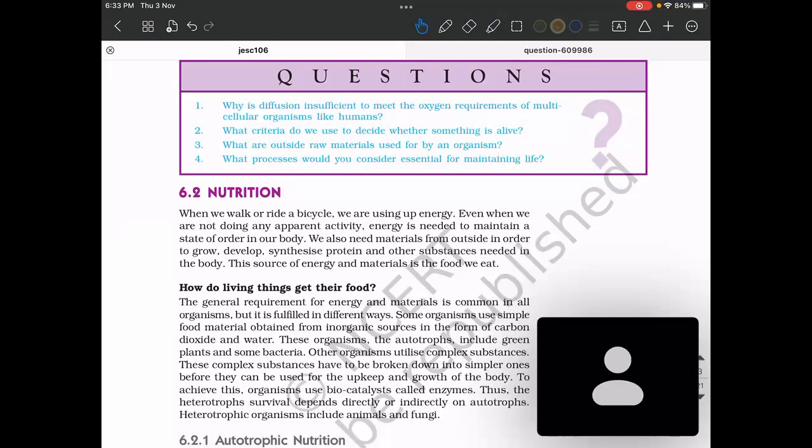What is diffusion then? Is it when oxygen is transported inside the body through a surface? Okay, see, diffusion is a kind of passive transport, where the substance moves from higher concentration to lower concentration.